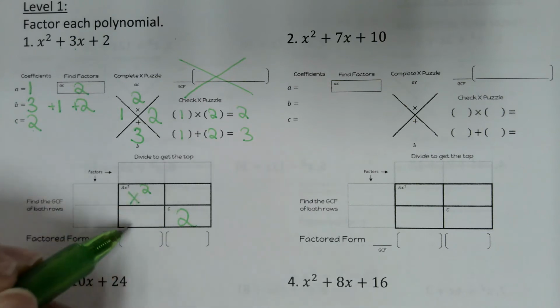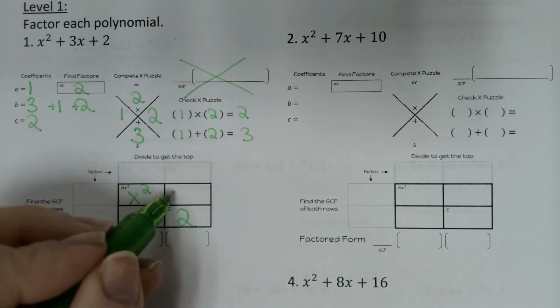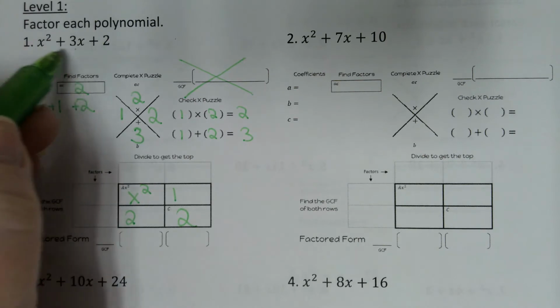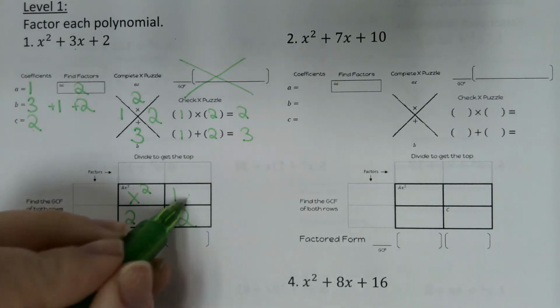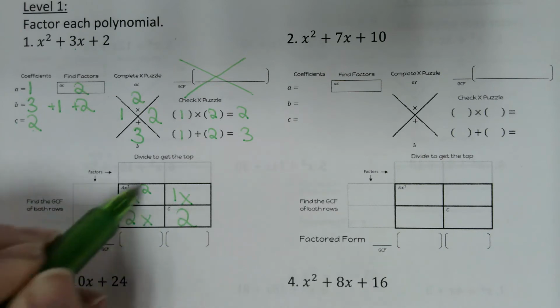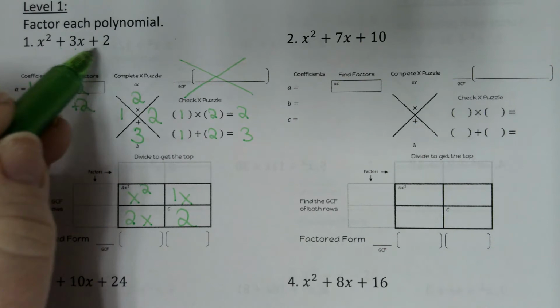Now these two will come from our numbers from our x. We have 1 and 2, and we need these two boxes to add together to equal this middle term. So that means each of these boxes need to have an x. If we were to simplify what's inside our box right now, we would get what we started with.